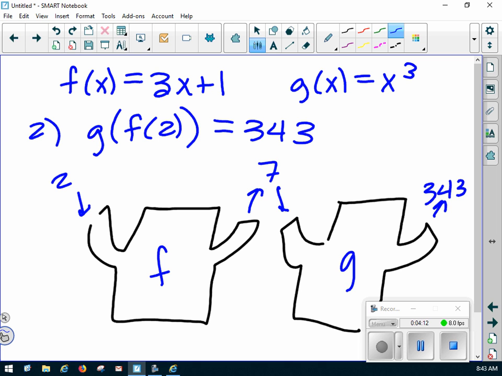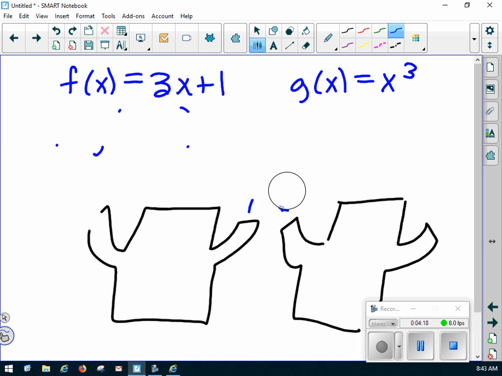Number 3, same functions. F of g of 0. That's a really ugly 0. Which function's going to go first?